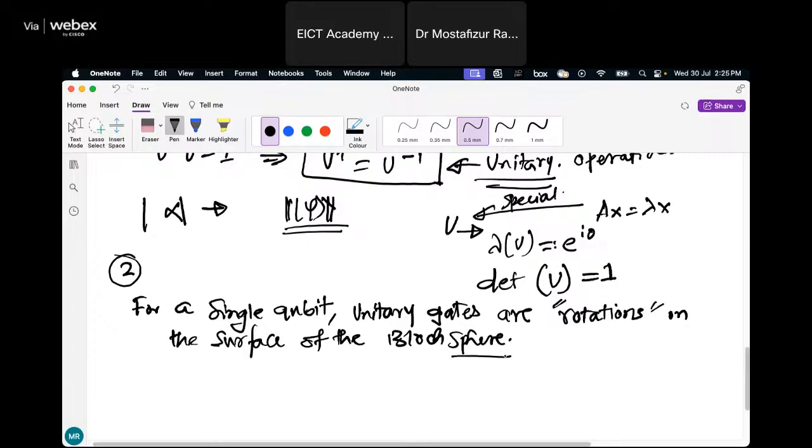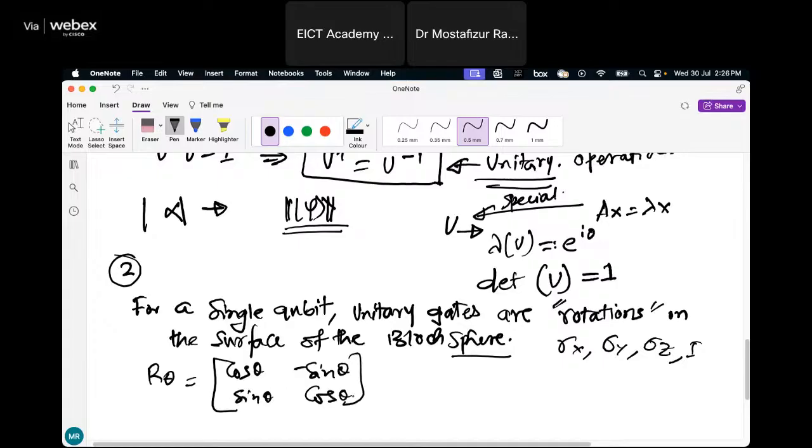So whether it is Pauli X, Pauli Y, or Pauli Z, and you all know the definition of Pauli X, Y, Z, and identity, all of them you can simply represent as the rotation matrix, that is cos theta, minus sin theta, sin theta, cos theta.